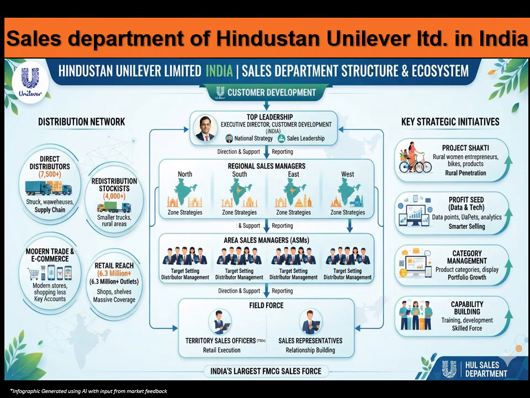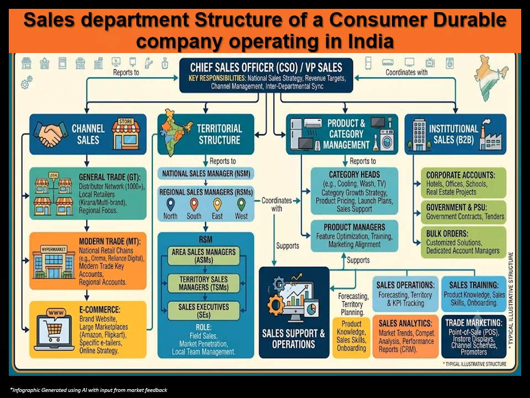Let's talk about one more example. For a better understanding of the sales department structure, let's look at the sales structure of a consumer durable company operating in India. On the screen, you can see the teams in different departments are headed by the chief sales officer, or so-called vice president sales.